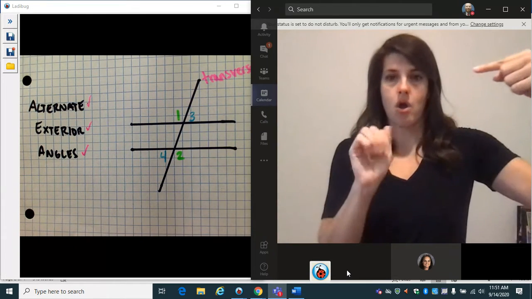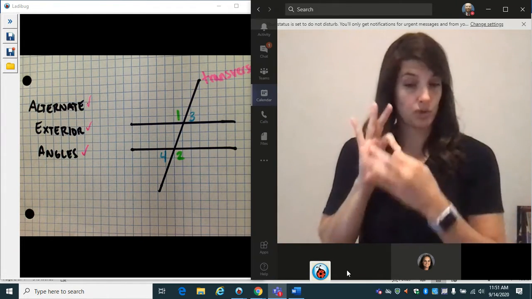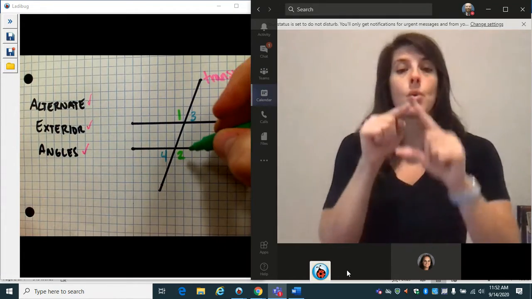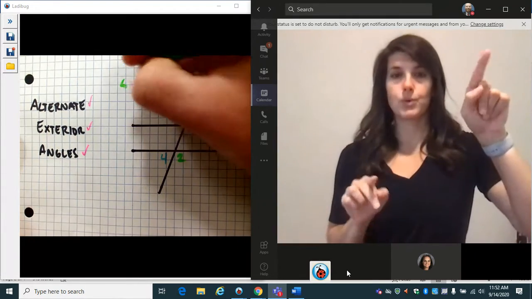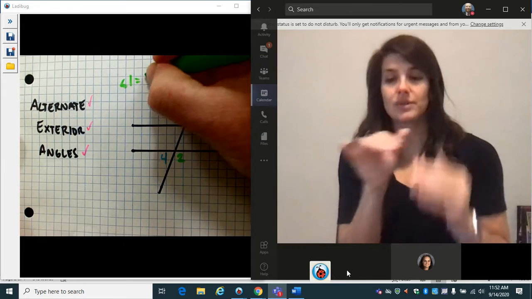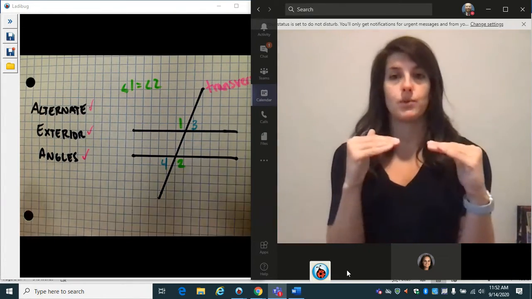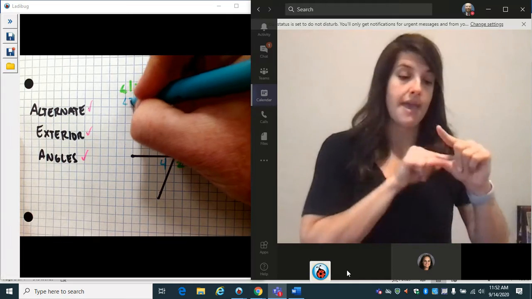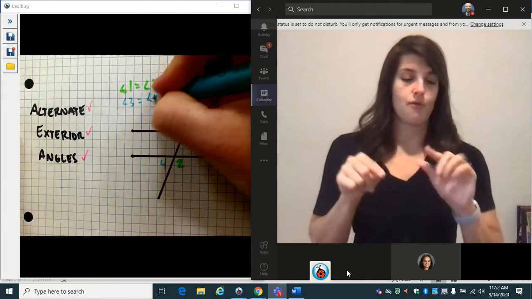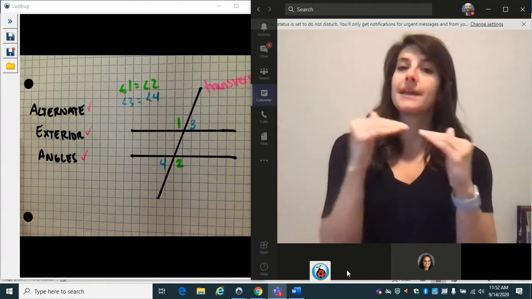So based on our theory, angle 1 and angle 2 will be the same measure. So angle 1 and angle 2 are equal. Similarly, angle 3 and angle 4 will have the same measurement.